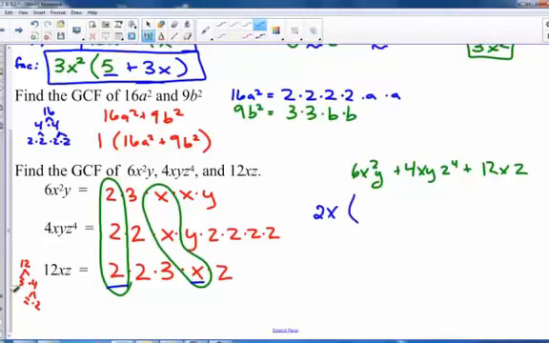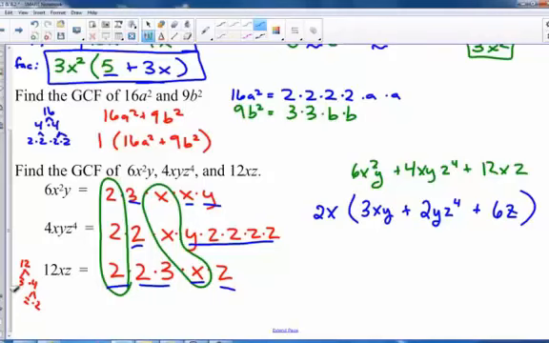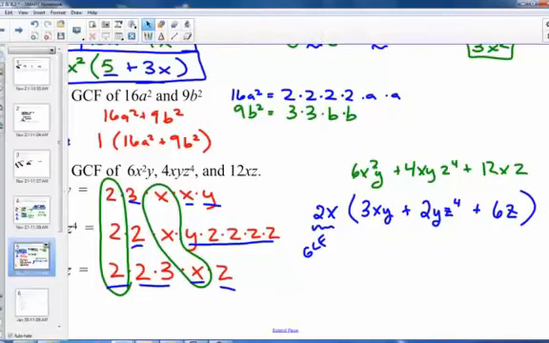And you would be left with 3xy plus 2yz to the 4th plus 6z. 2 times 3 times z. This is your greatest common factor.